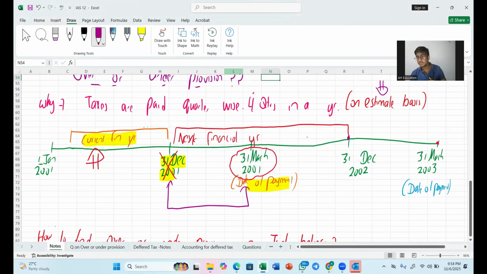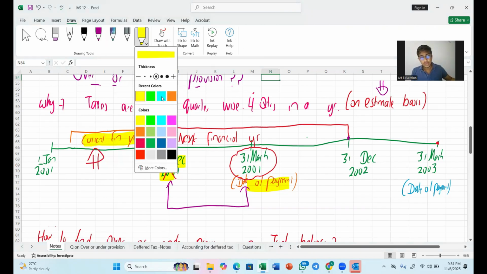Number two, do you remember IAS 10, events after the reporting period? Even though you complete your accounts on 31st December 2001, you take that 3 months of gap because you have adjustments to make. It can be your inventory adjustment, it can be a revaluation adjustment, it can be correction of errors, of frauds and errors. All of those will be done within this period.